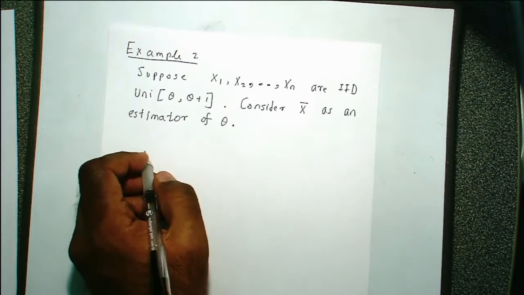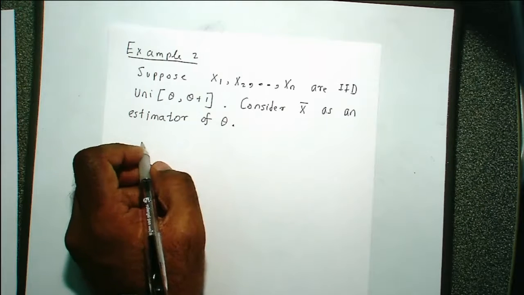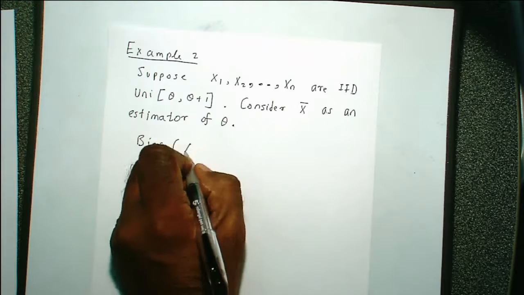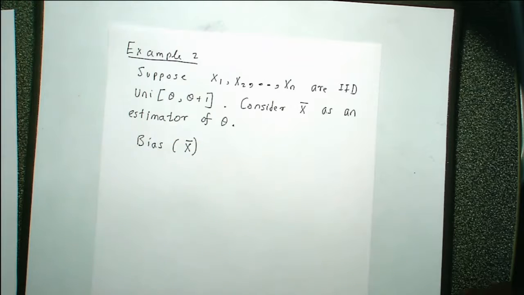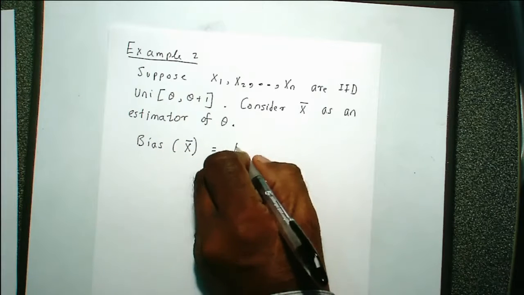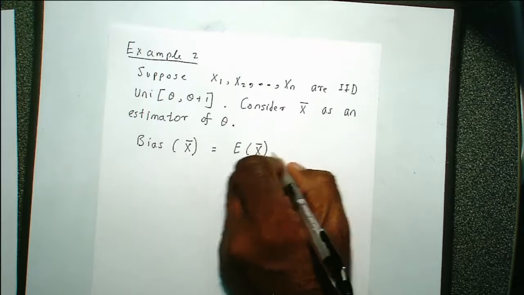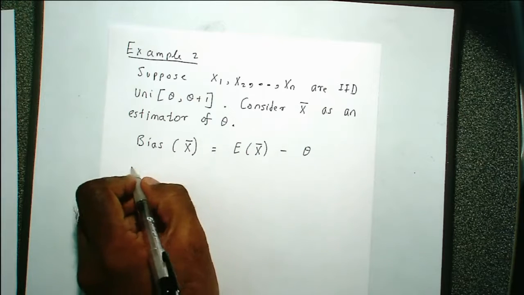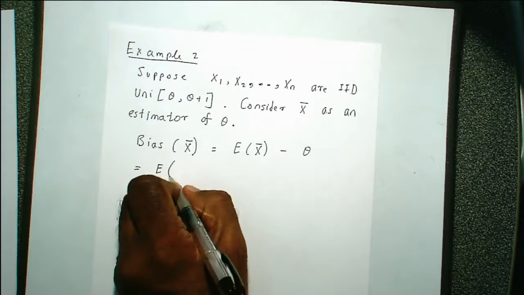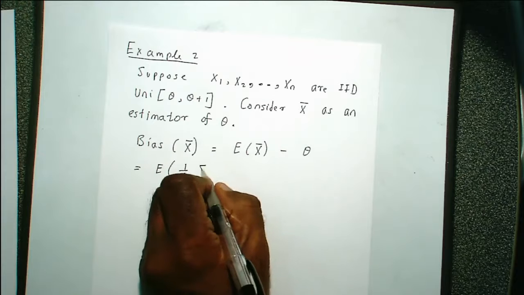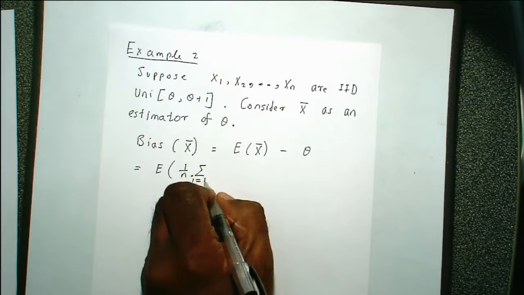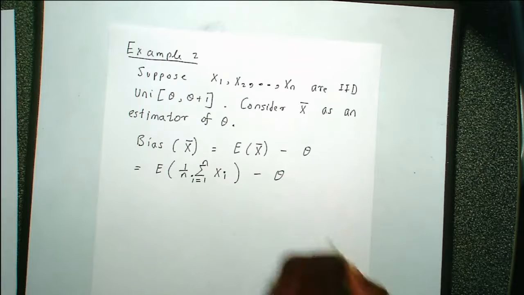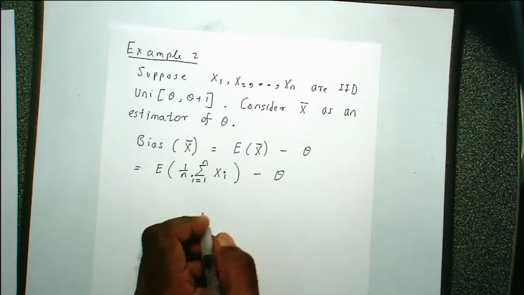So the first thing we want to do, as in example 1, is to find the bias of x bar, which is the expectation of x bar minus the parameter, right? You with me? Shout at me if you don't follow.